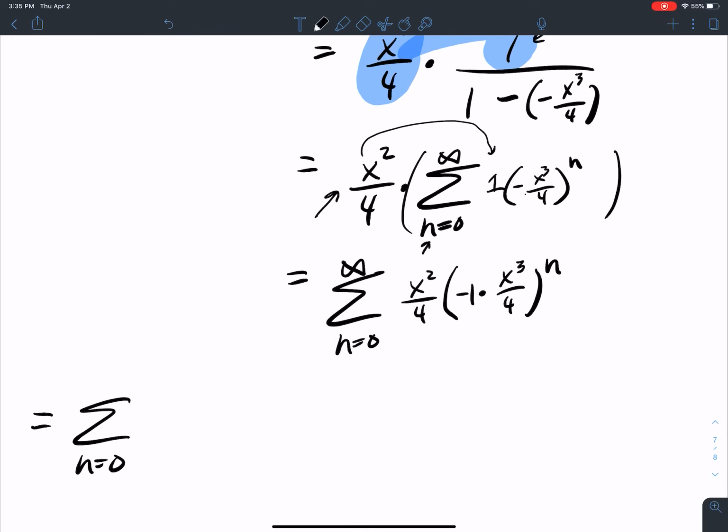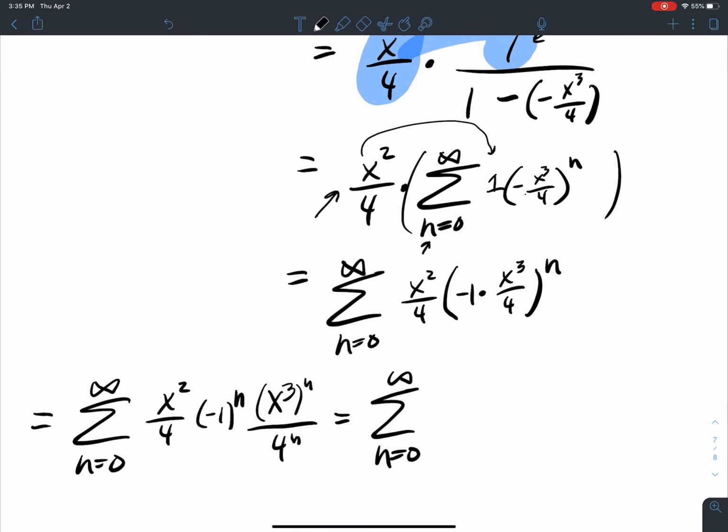N equals 0 to infinity, I have x squared over 4. This is negative 1 to the n. And then this is what? Well, each part is raised to the n. So that's x cubed to the n over 4 to the n.